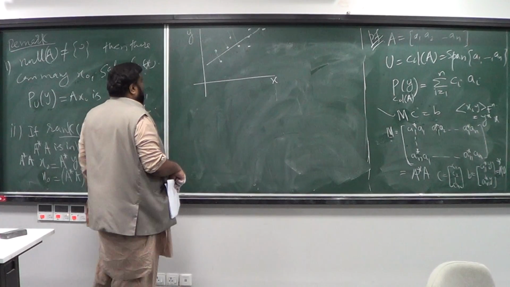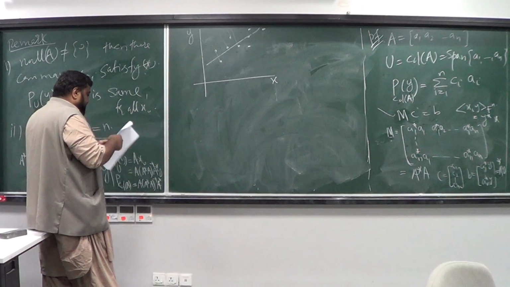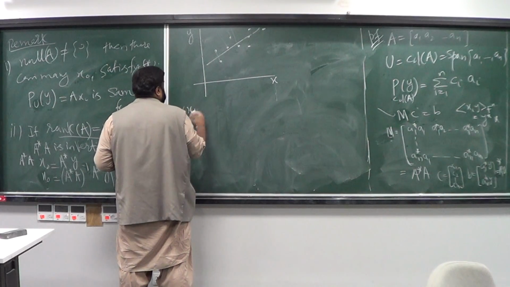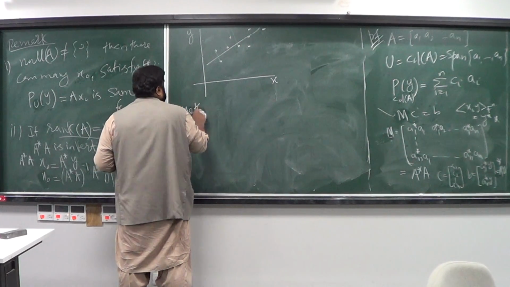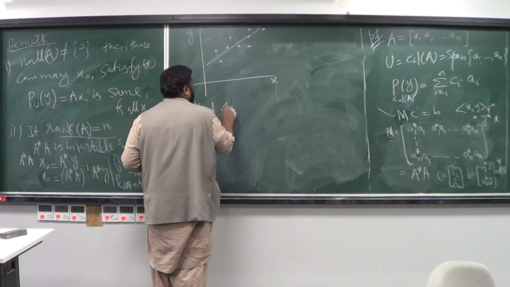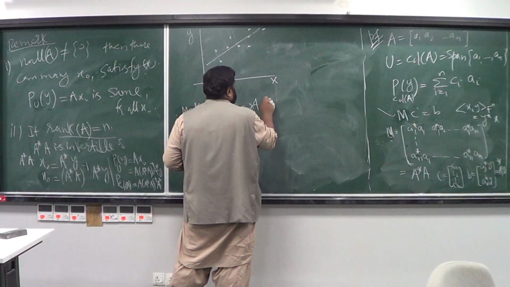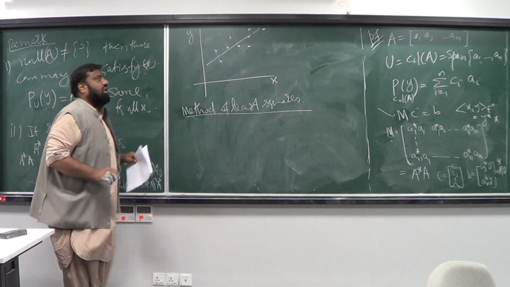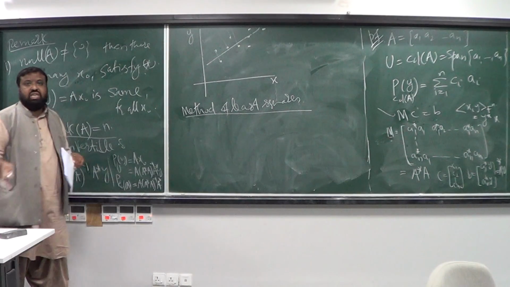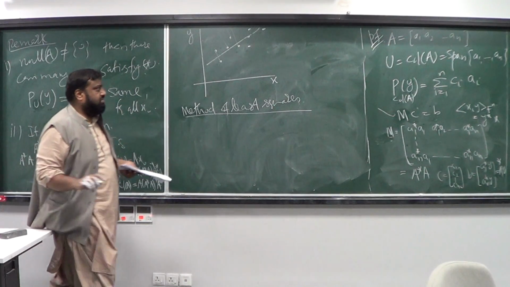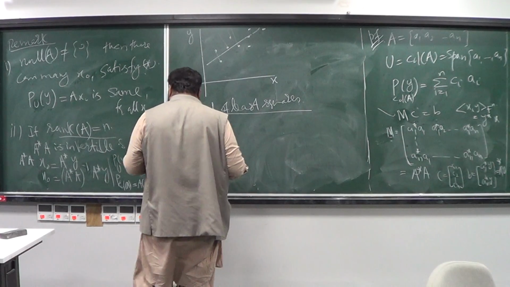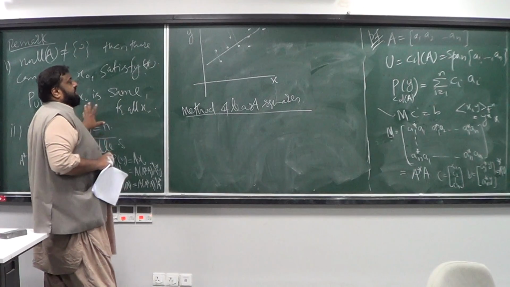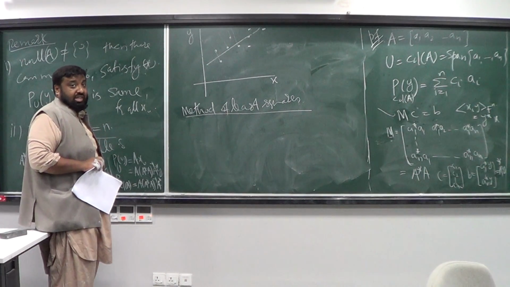This is also called the method of least squares. It's a very popular method in statistics and social sciences. People use it a lot. But at the foundation of this method, this theorem and hence orthogonal projections are working.